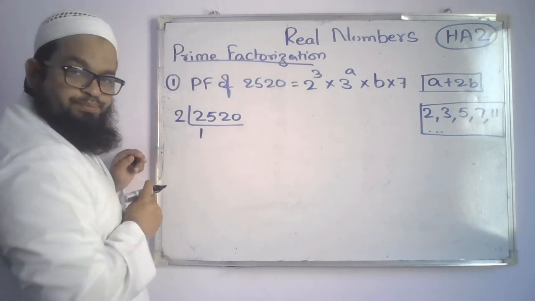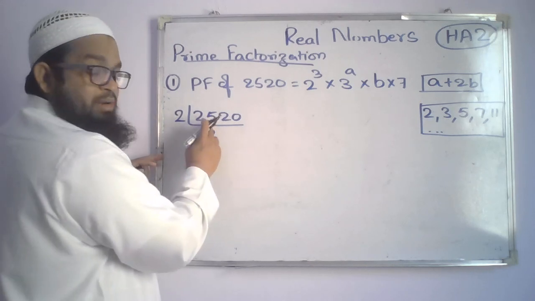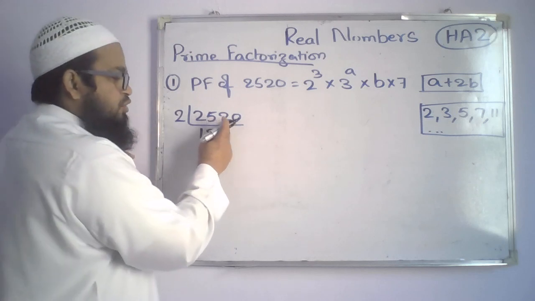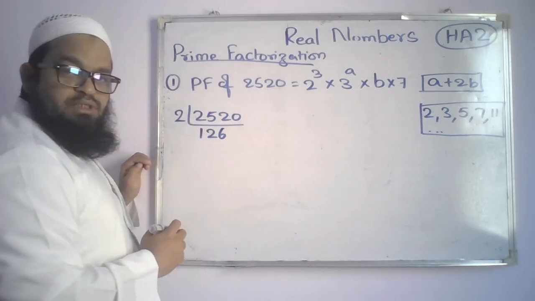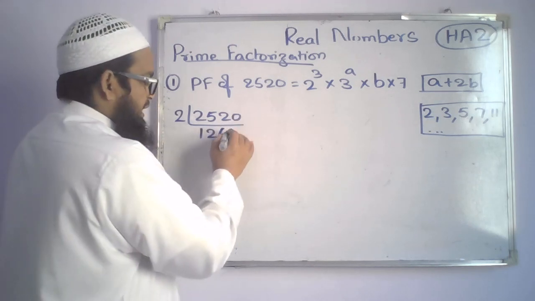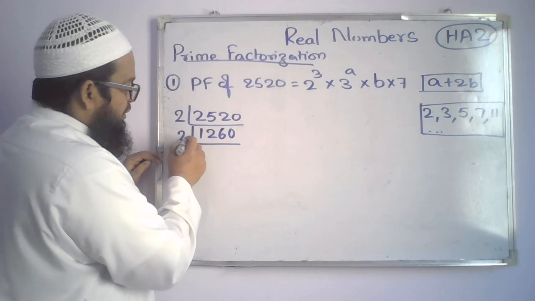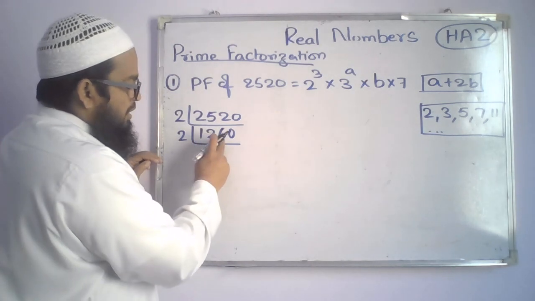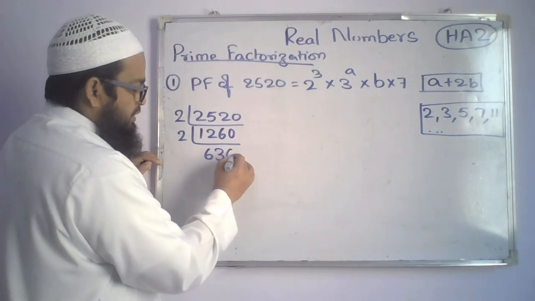2 ones are 2. In 5, 2 twos are 4. One is remainder, and 1 and 2 becomes 12. So 2 in 12 is 6 times, 2 sixes are 12, and in 0, 0 times. Now it ends with 0, so it is divisible by 2. In 6, 2 threes are 6, and here 2 zeros.